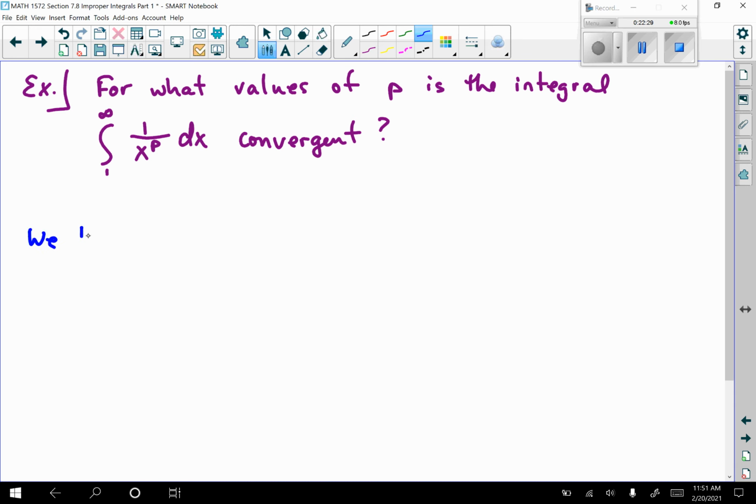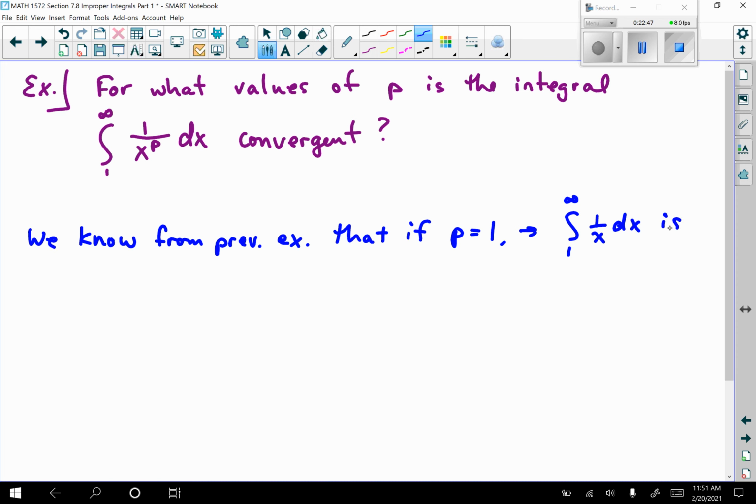So let's write this out. So we know from the previous examples that if p is equal to 1, then the integral from 1 to infinity of 1 over x dx is divergent. So let's assume that p does not equal 1.